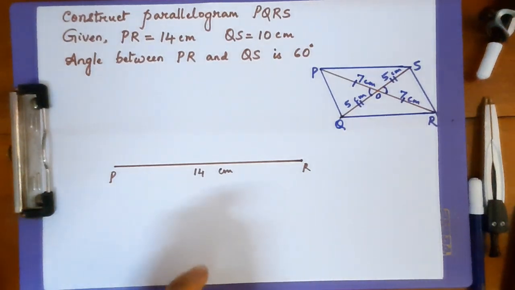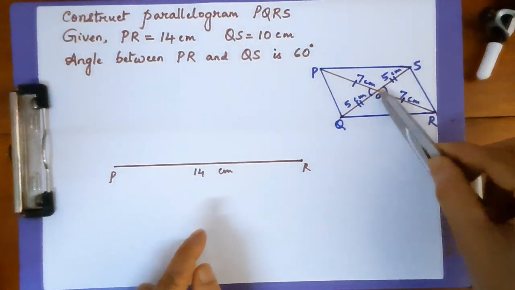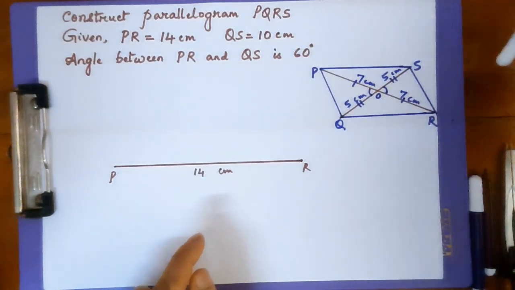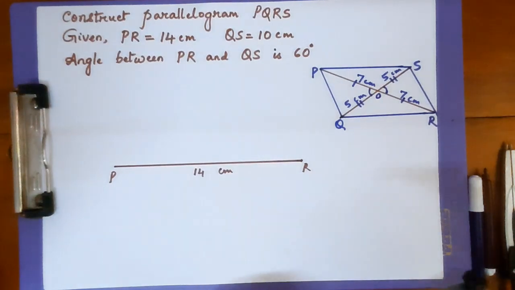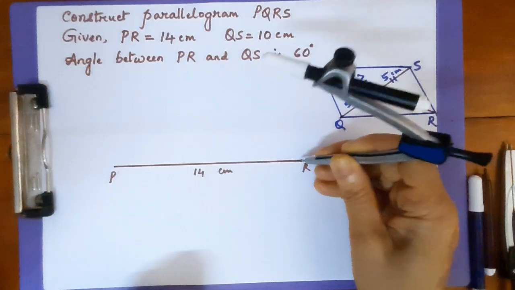Now before we draw the other diagonal QS, we have to locate O, because we know that the other diagonal QS passes through O. So I am choosing to draw the perpendicular bisector of PR.